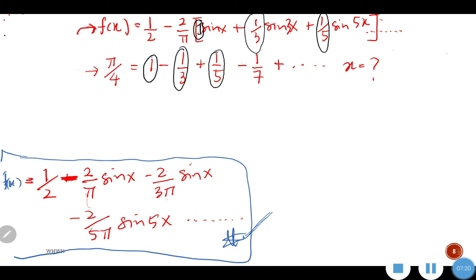Okay, tak apa, jangan kisah lagi yang 1 over 2 and so on kat sini lah. Alright, and then 1 over 7 ni maknanya saya rasa kalau you extend further, we're gonna have 1 over 7 sin 7x. So maknanya kita ada 1 over 7 dekat sini. Okay, positive 1 over 7 sin 7x. Okay, so we have 1 over 7.